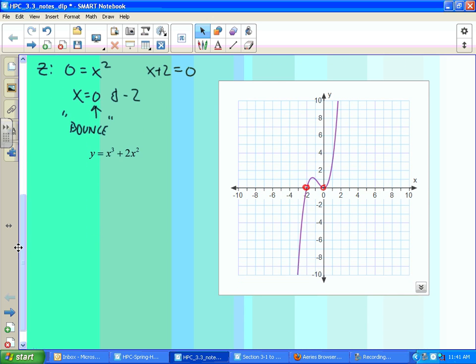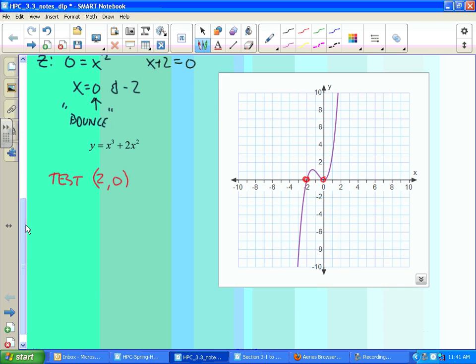We can test a point that's not on this boundary line. So how about 2, 0, which is to the right of the curve. If we get the inequality to be true with 2, 0, then I'm going to shade on that side of that boundary. And if it's false with 2, 0, we'll go on the other side.